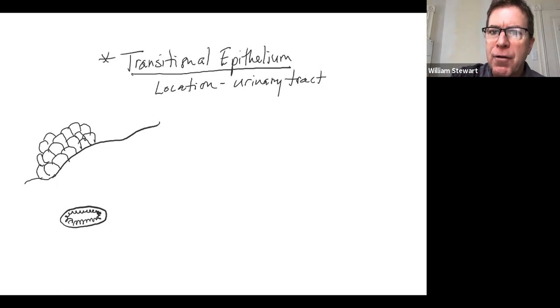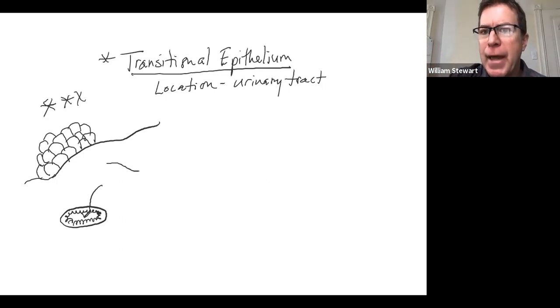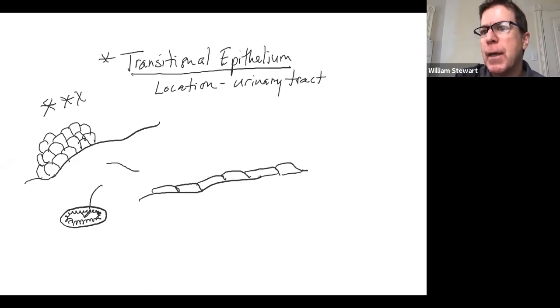But when the urinary bladder fills with fluid, these cells have the ability to stretch. And so when this cavity fills with fluid, the wall of the bladder distends or stretches, and these cells then get stretched out. They slide past one another and they get stretched out like this, almost becoming a simple or single layer of tissue. So the location is the urinary system.